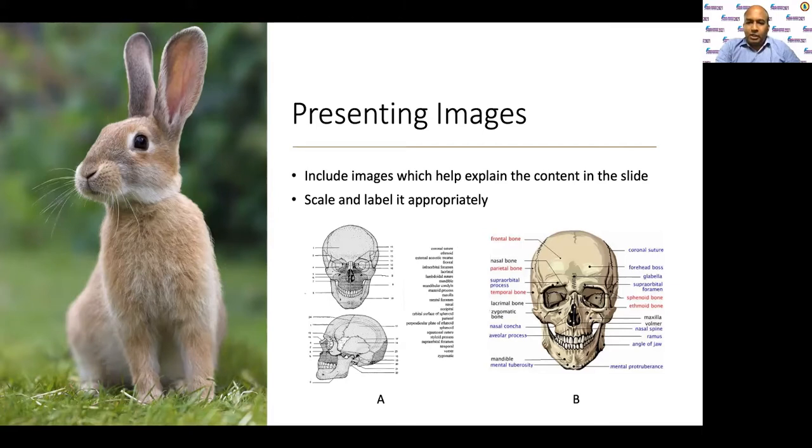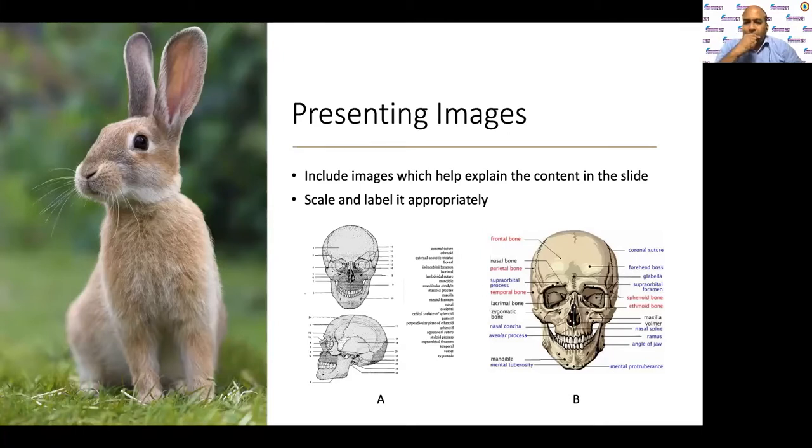In B, you have avoided those 2 steps and given a one-shot understanding of what this particular bone is. So inadvertently, you have minimized the effort for students to read or interpret something by labeling a particular image in a different way.